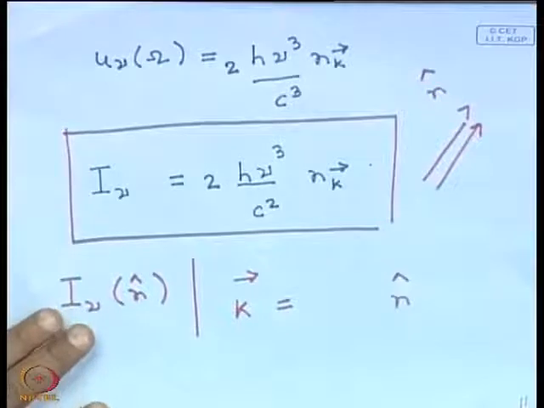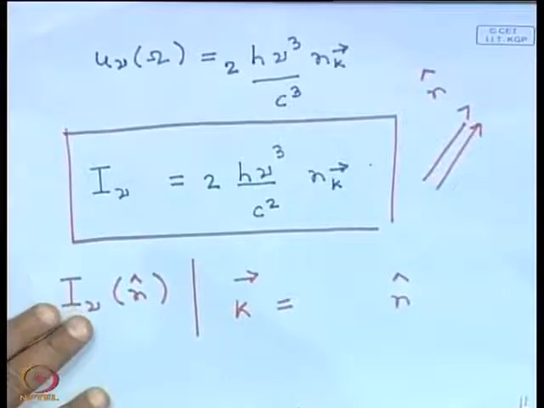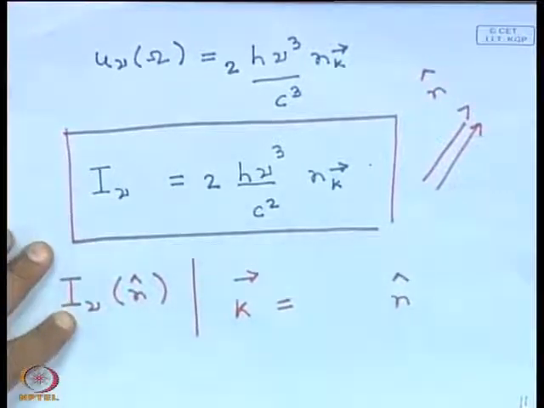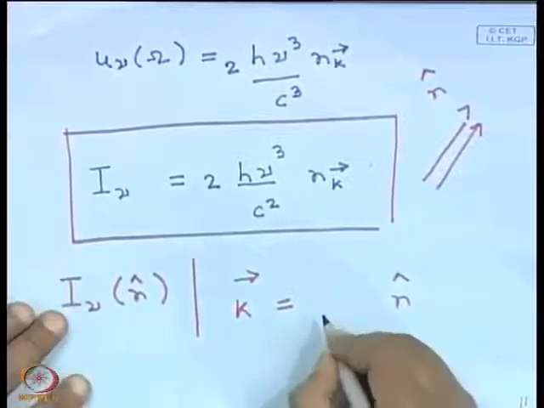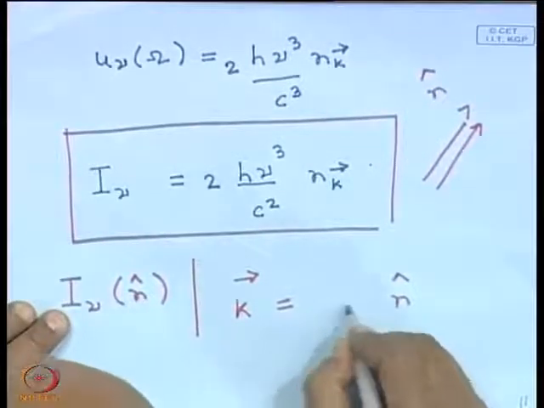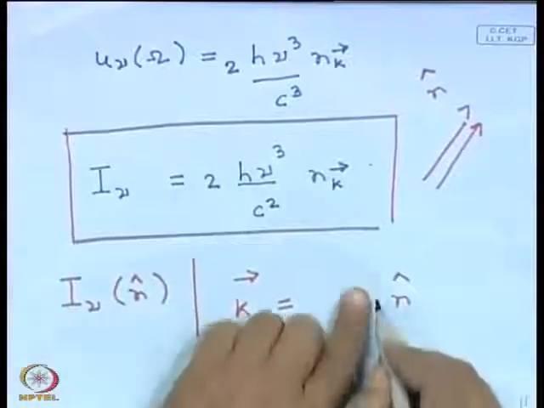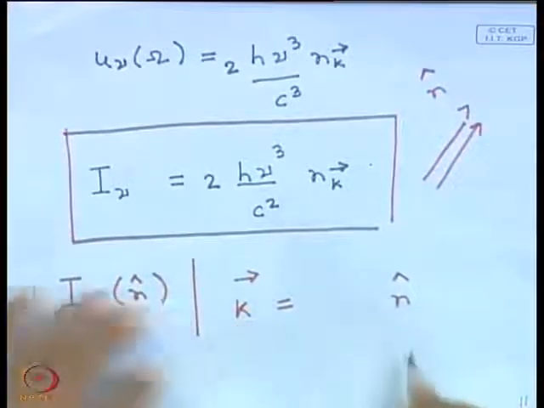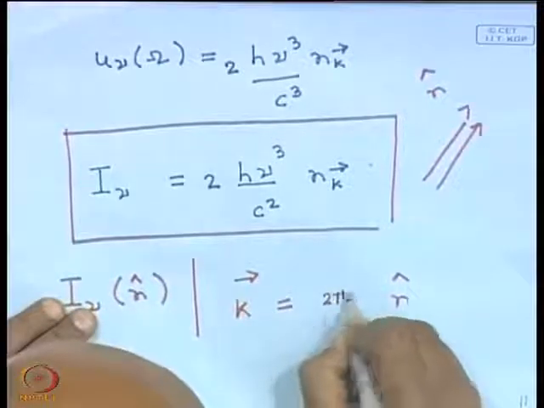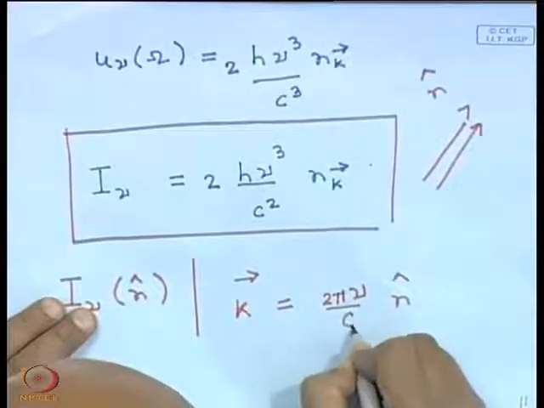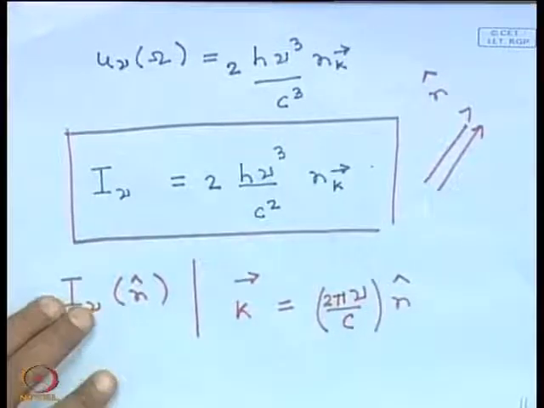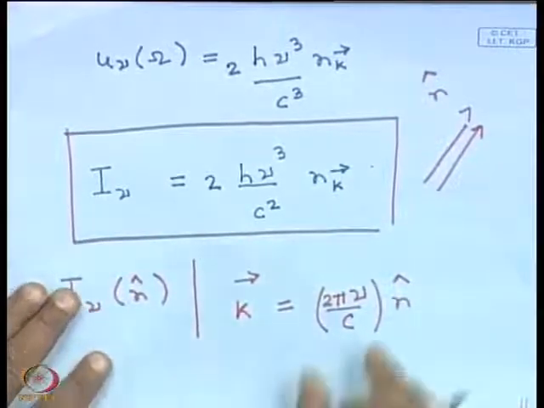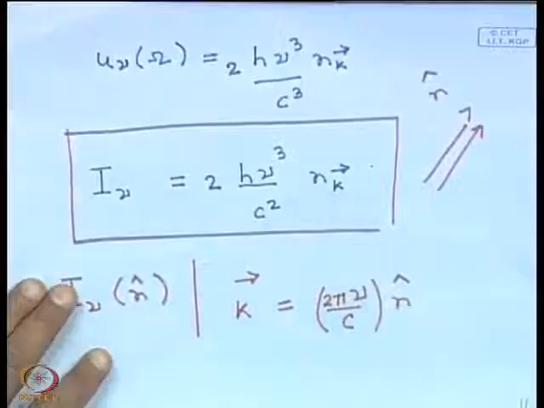So, we can write this as 2 pi c into k. The modulus of k is omega by c, and omega is 2 pi nu. So, we can write this as 2 pi nu by c. That is the modulus of k, the magnitude, into the direction of the vector.